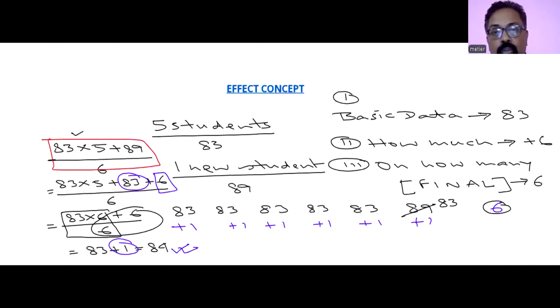Now what you have to do? Check it. Point 1 is 83, the existing average. Point 2 is the extra 6.